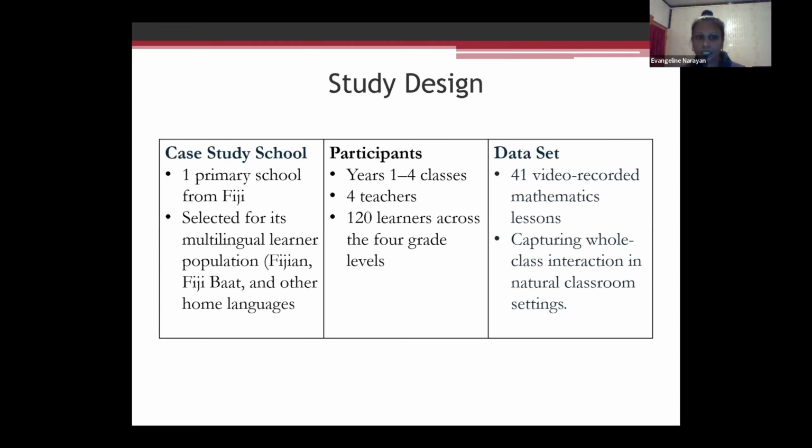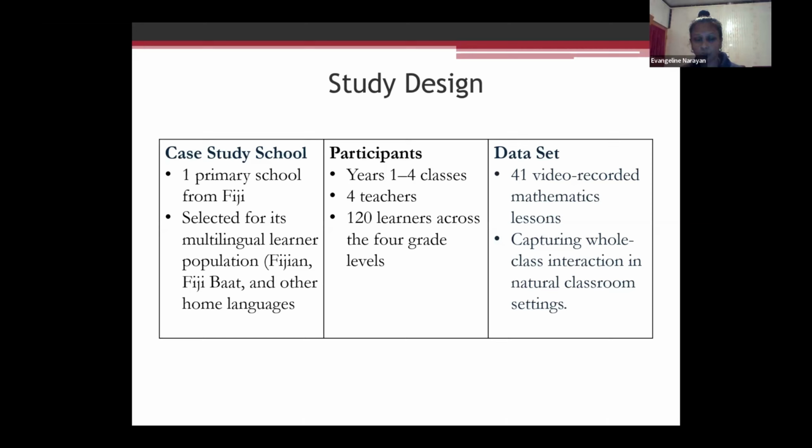So looking at the study design, the study was carried out in one primary school in Labasa, Fiji, and the school was selected for its multilingual learner population, that is, learners spoke either Fijian or Fiji Hindi or both, or other minority languages. The focus of the study is years 1 to 4 classes.